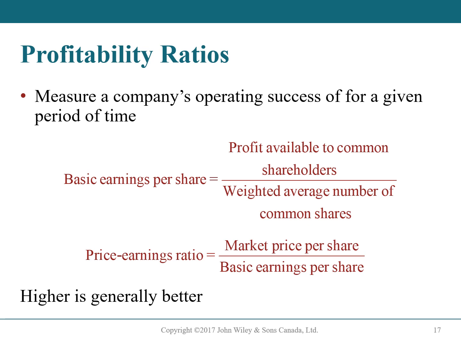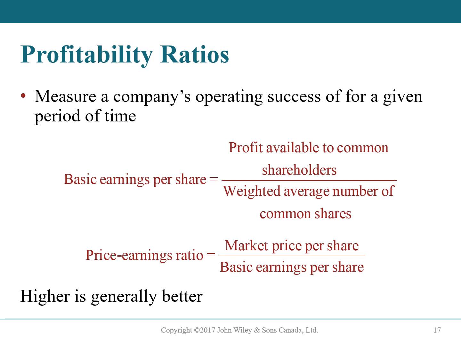Profitability ratios measure a company's operating success for a given period of time. Two examples of profitability ratios include basic earnings per share and the price earnings ratio. Basic earnings per share measures the income earned on each common share. It is calculated by dividing the income available to the common shareholders by the weighted average number of common shares.